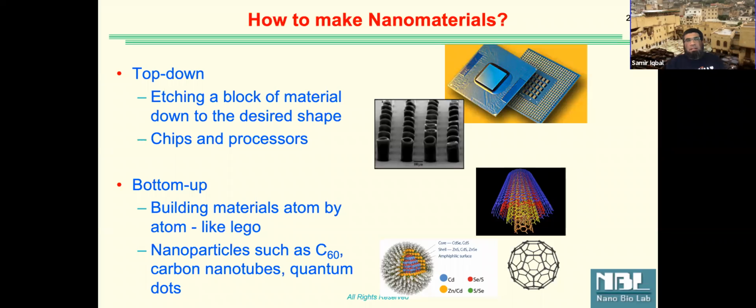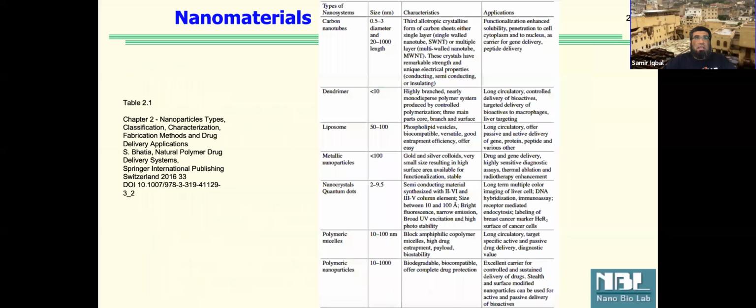So nanomaterials can be hard, and they can also be soft materials, right? Polymers, plastics, what we call, but polymers is a little bit more generic term.